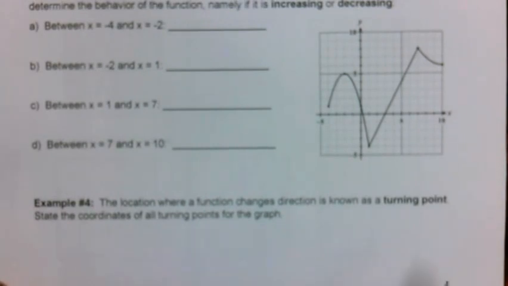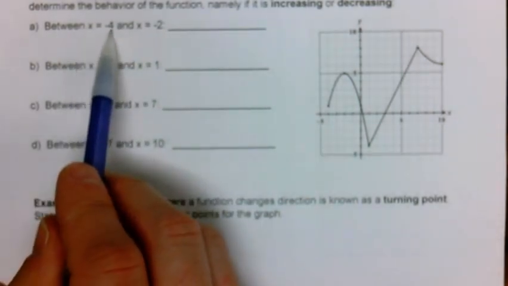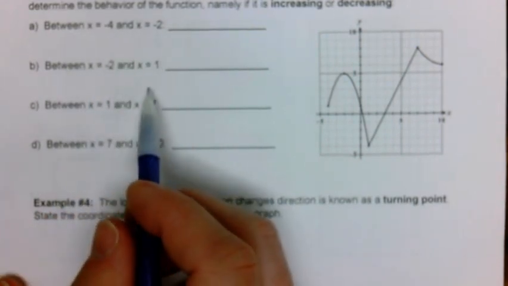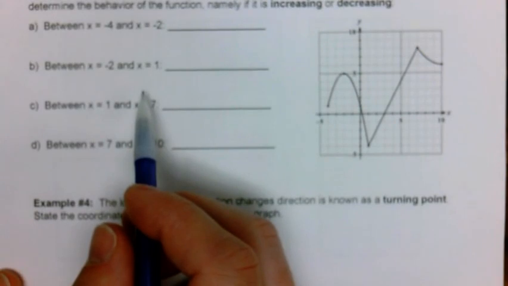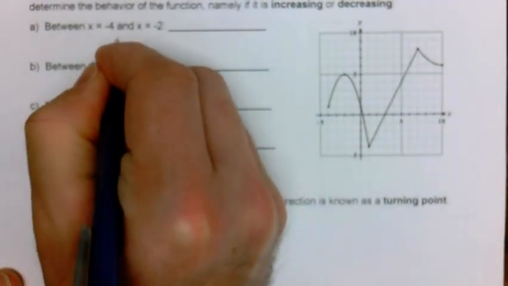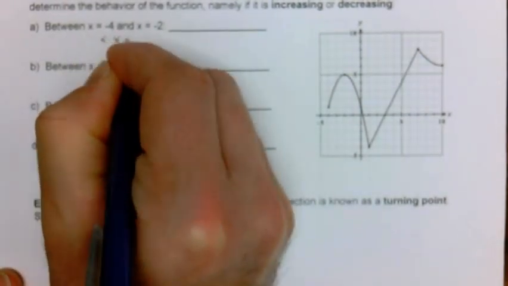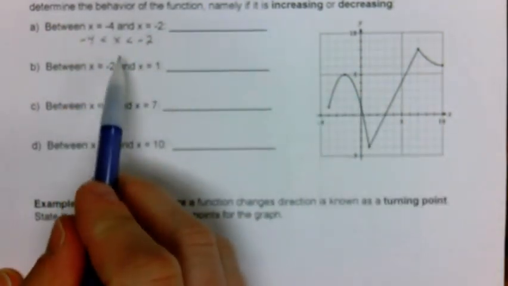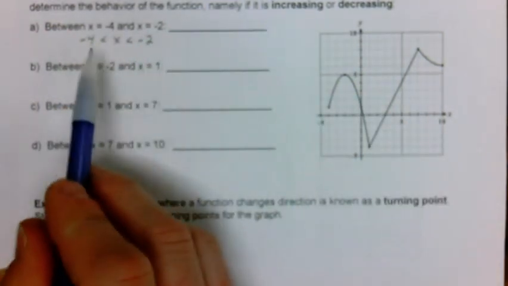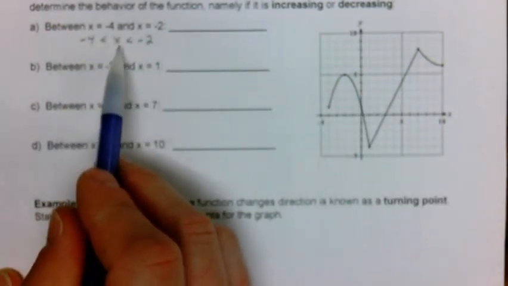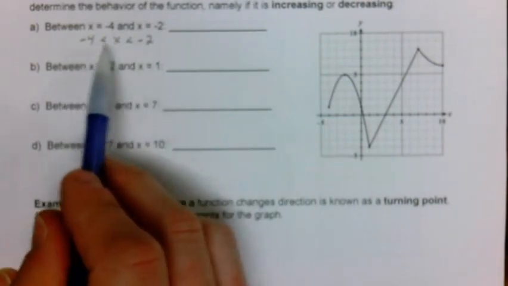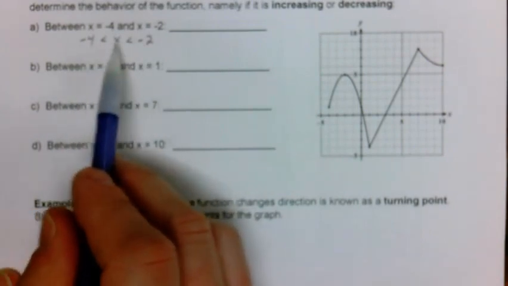The first place that we're looking is between when x equals negative 4 and when x equals negative 2. Now, we could write this using something called interval notation. We want all x values that are between negative 4 and negative 2. That's what this means, between negative 4 and negative 2. So negative 4 has to be less than x, and x has to be less than negative 2. We're looking at all places in this interval between negative 4 and negative 2, all x values.